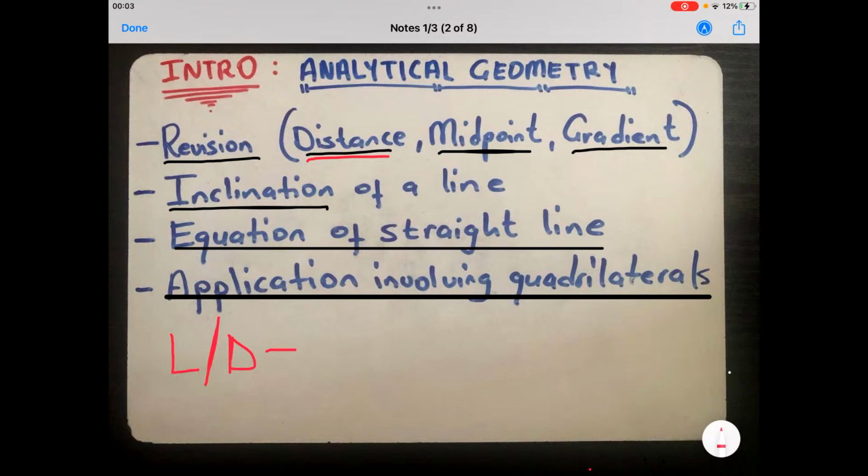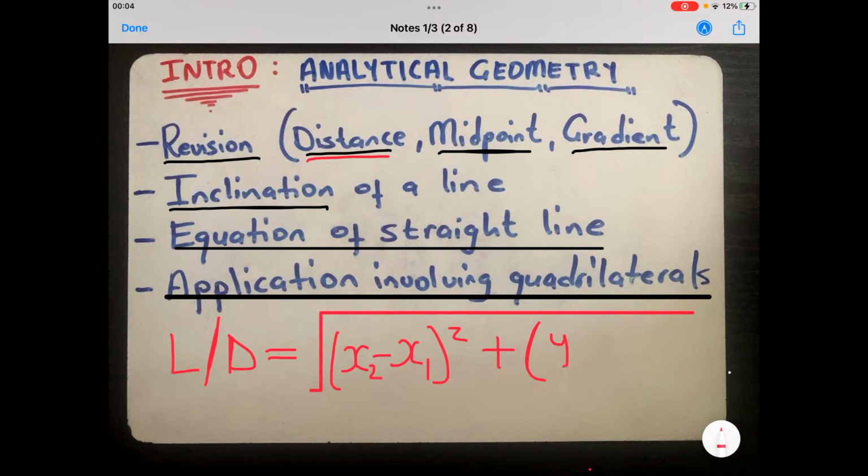So the length or the distance is equal to the square root of (x2 minus x1) squared plus (y2 minus y1) squared.